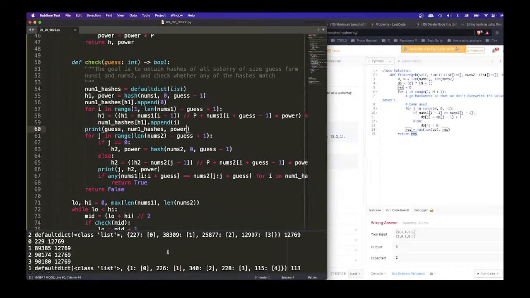Power is correct. Okay. Power is correct. I think this is also right. So the problem is here.